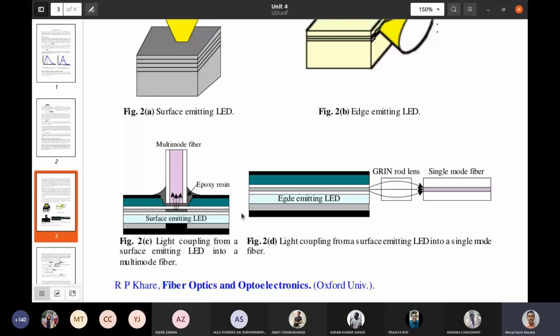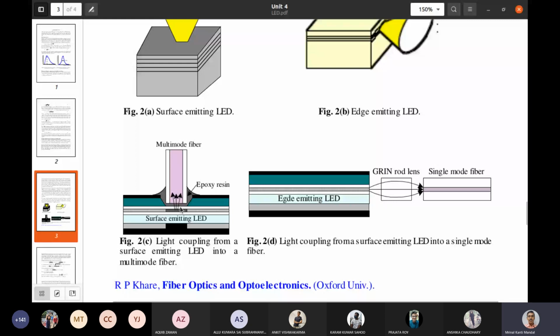So this is a multimode fiber, and this fiber is coupled to the surface emitting LED. So these are the active regions, like your laser active region; we can say this region is effective for producing the light, and that light can be coupled to the fiber, and this fiber has already been coupled within this core by some epoxy resin, a material which will match the indexing so that the maximum light will be coupled to the fiber, right?